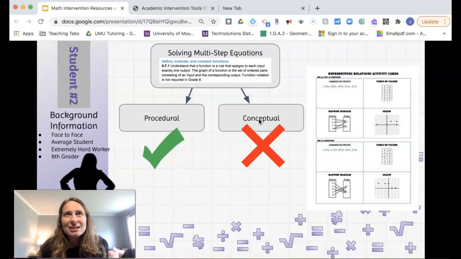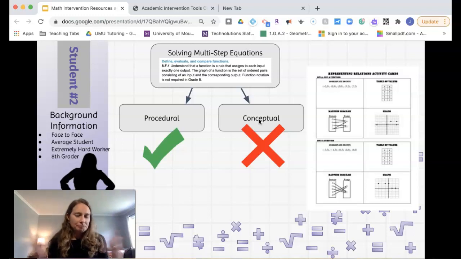And so while she kind of had procedural fluency, it wasn't very fluent because she was using a lot of cognitive energy. The reason she was using so much cognitive energy is she had no conceptual understanding of what she was looking for. She had no idea what a function really was. She just memorized a definition and was using that definition to answer questions, but literally didn't understand how functions fit into the world of math.